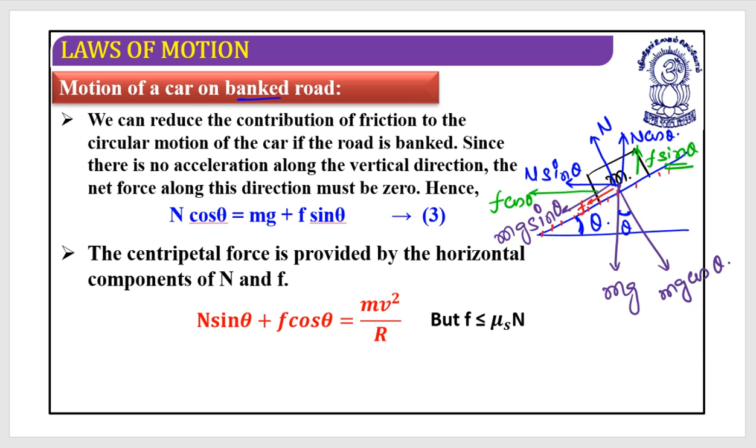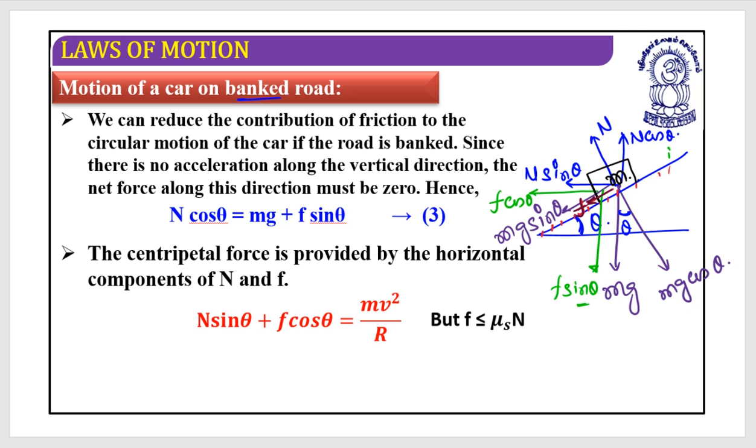As this is the friction, I made a mistake: F sin theta should be in this direction, because this is the direction of friction, this is the friction in the downward direction. Yes, correct.